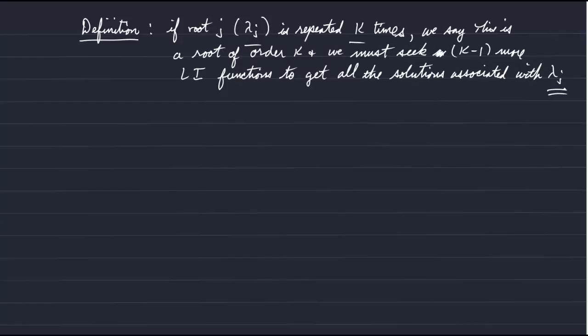If a root is repeated k times, 2 or 3 times, for example, we say this is a root of order k, and we must seek k minus 1 more linearly independent functions, and these are different from e to the lambda j x, to get the remaining solutions associated with this particular root.